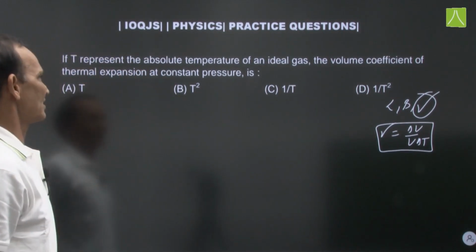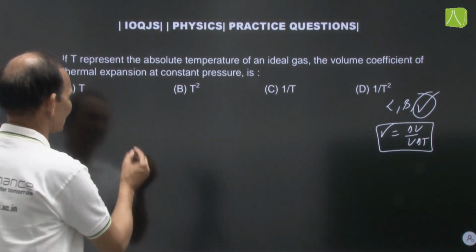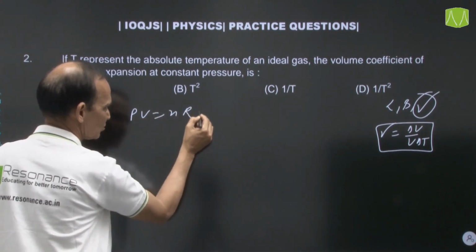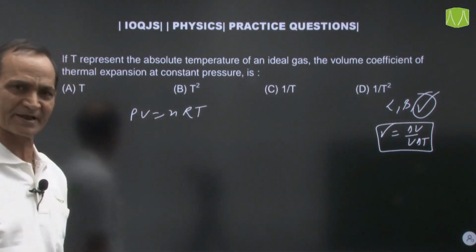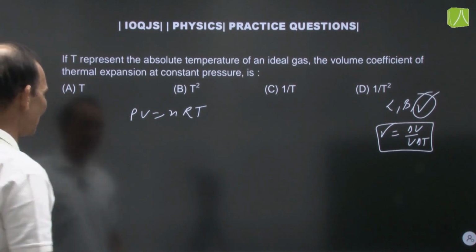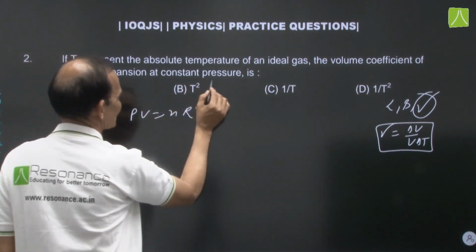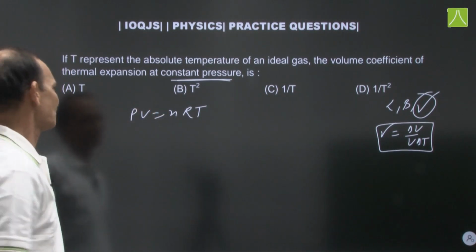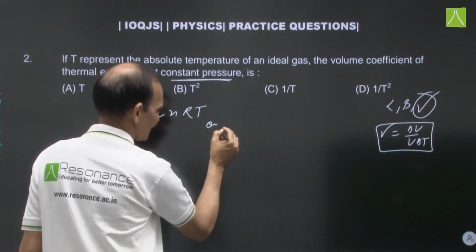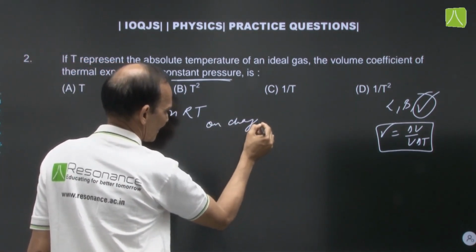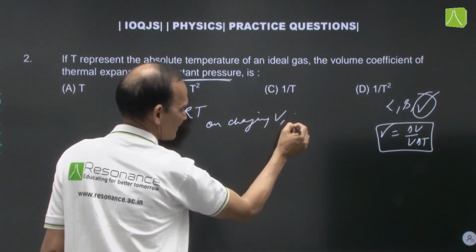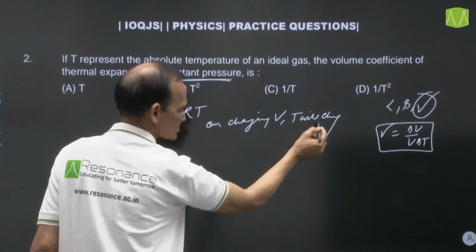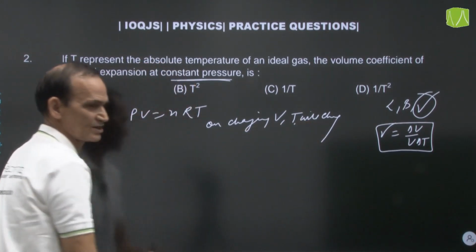So now think about it. For an ideal gas, we know that PV is equal to nRT. In chemistry, you know very well, T is absolute temperature. It is given that pressure is constant, so P is constant. On changing V, T will change, or we can say on changing T, V will change.